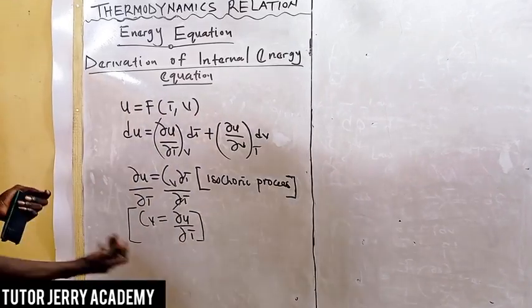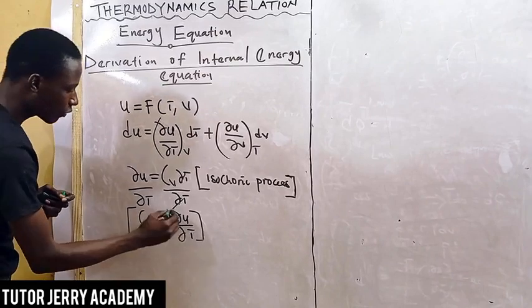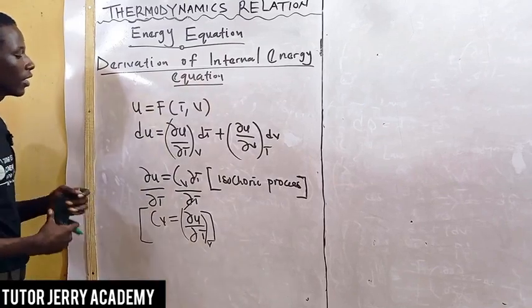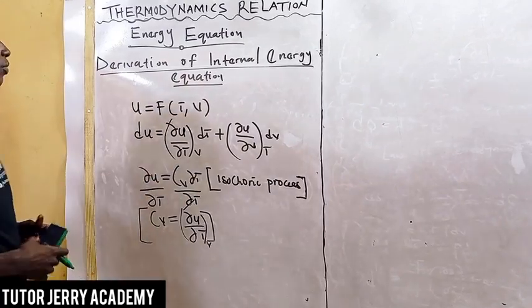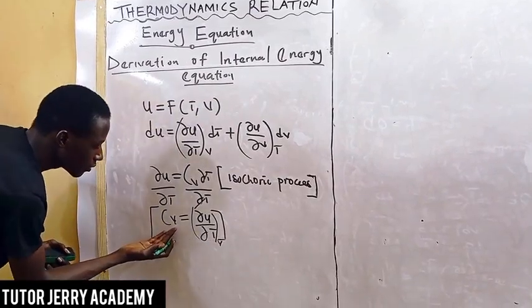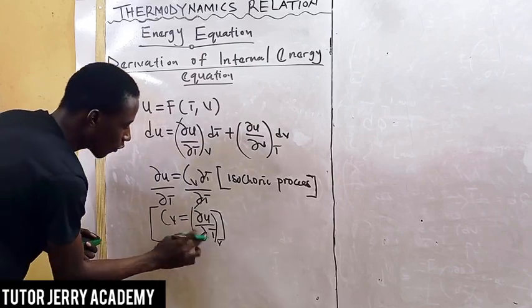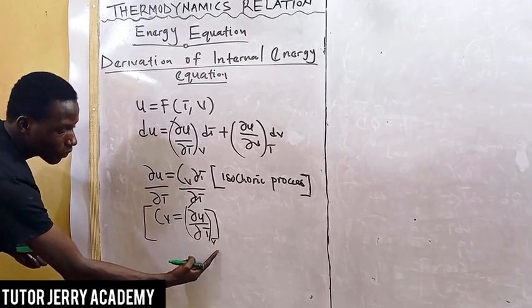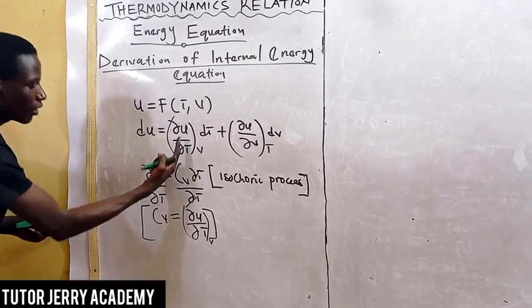Next, we are going to substitute the value of Cv, the partial derivative of U over the partial derivative of T, keeping V constant, which is Cv, in this equation.